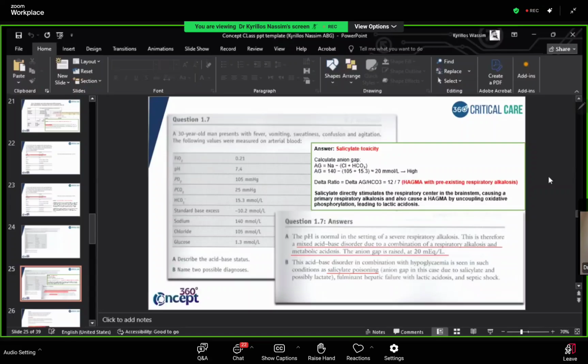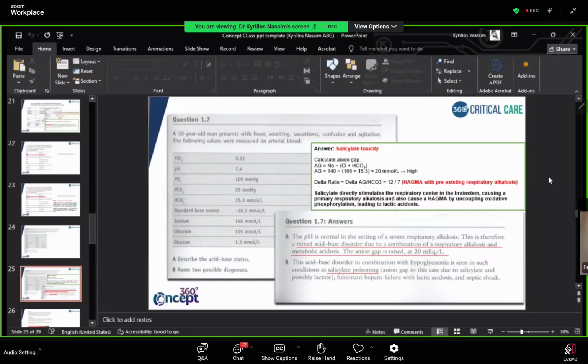Here, there is a pH of 7.4, PCO2 of 25, and the bicarbonate is 50. I assume that it is a metabolic acidosis, so I calculate the anion gap, which here is 20, and the 20 here is high. So it is a patient with a high anion gap metabolic acidosis.